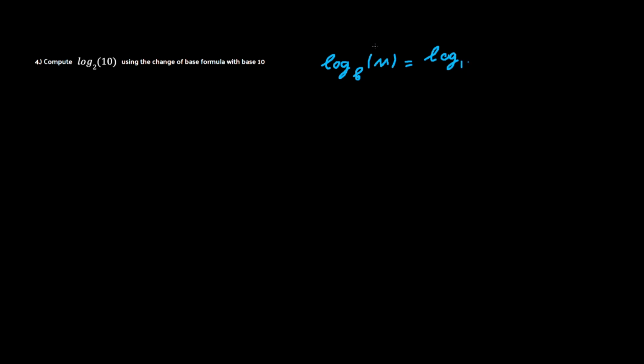As the name suggests, you can change the base of a log using it. So we're told that we need to use base 10, so base 10 will be k in this case.